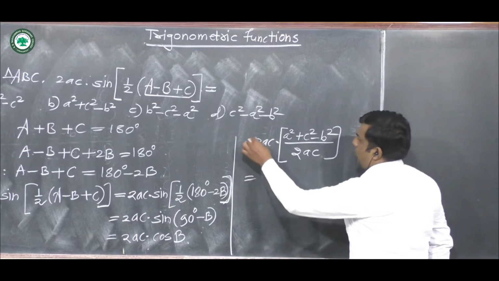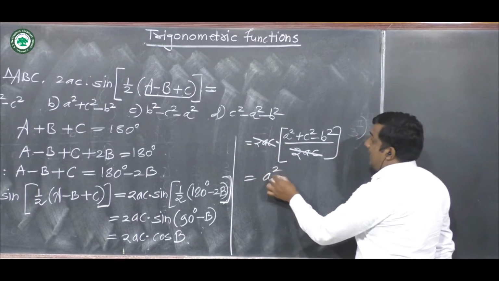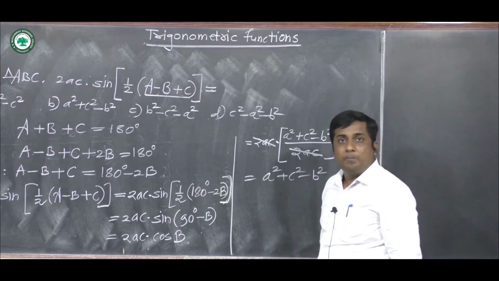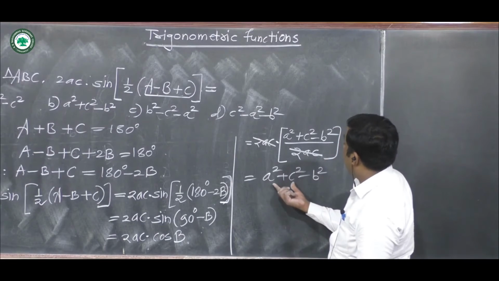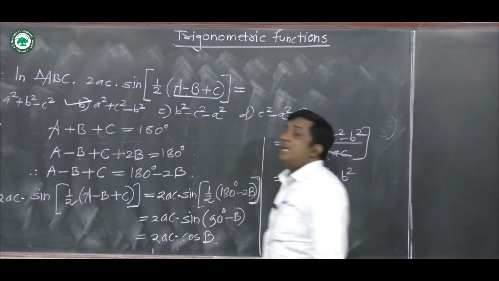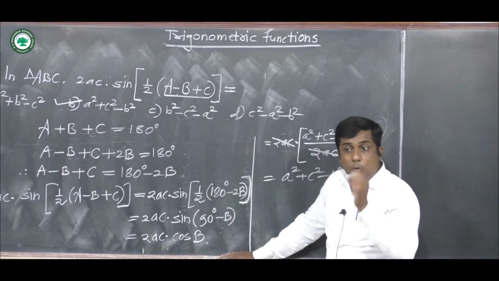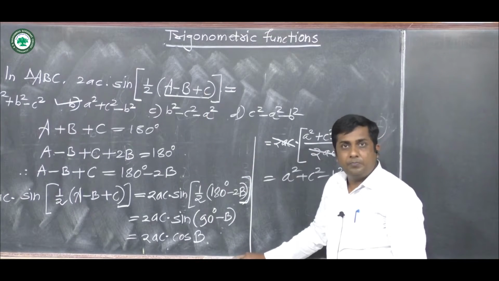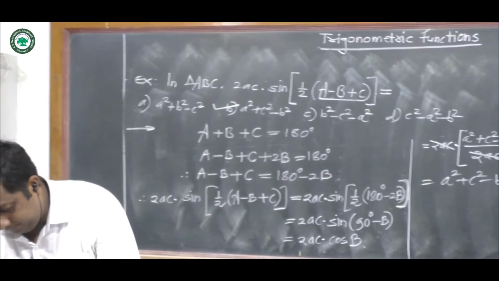Now this is equal to twice AC cancel, only remains A square plus C square minus B square. So here the correct option is A square plus C square minus B square, that is, the correct option is B. Again, here by using cosine rule, we find our correct option. Okay. Now we go with our next example.